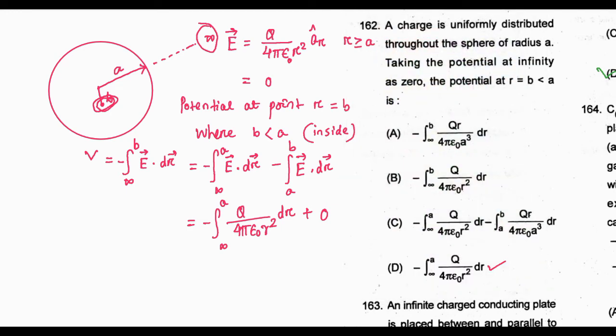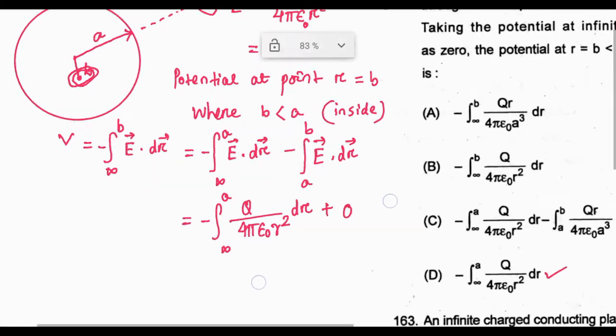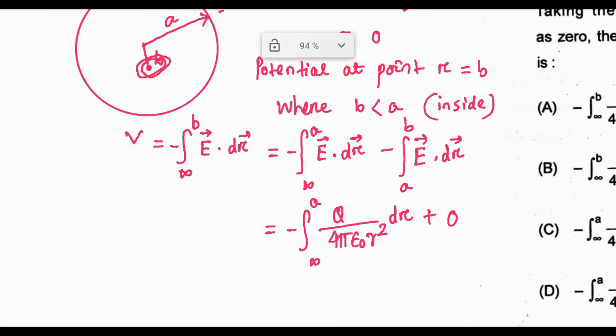Here what we are observing is the potential at point r equal to B, where B is smaller than A. That means inside the sphere. So V is equal to, we know, minus the integration of E dot dr, from infinity to B. This is the definition of potential difference.